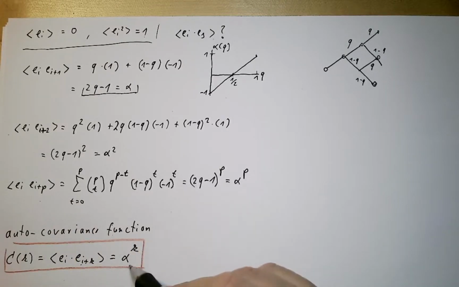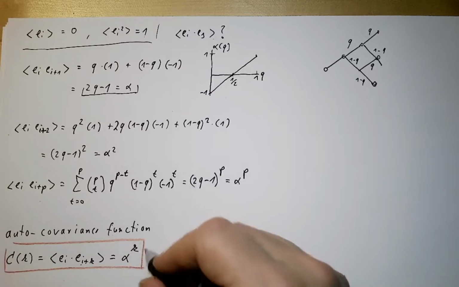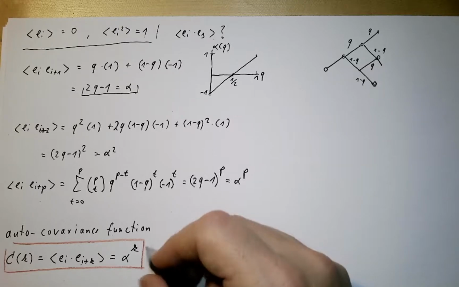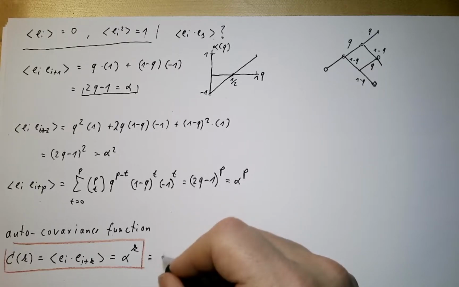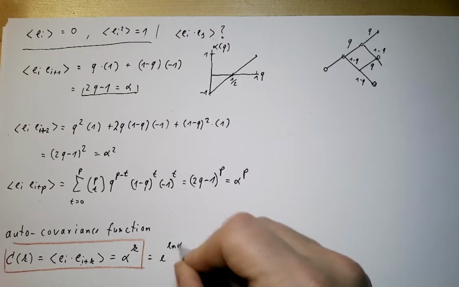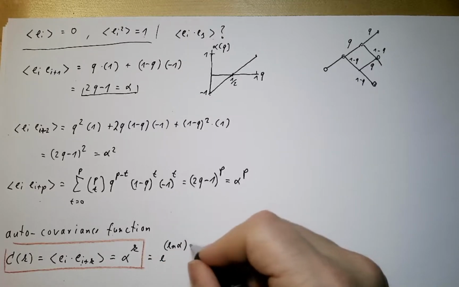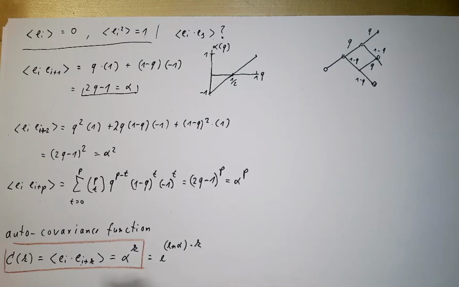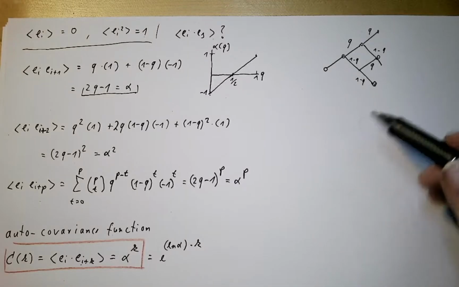So we see actually this is an exponential function, or maybe I should have written it here, so you can write it as e to the ln alpha times k. So you see the autocovariance. Actually it's also the autocorrelation, because the means are all zero, so it's the autocorrelation function also, and this decays exponentially. And so we can make a plot for this function.